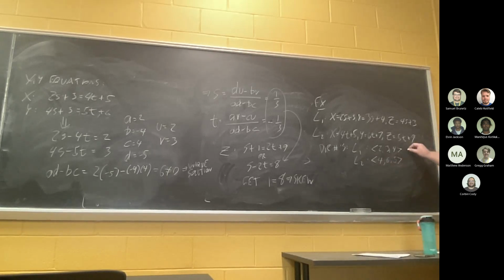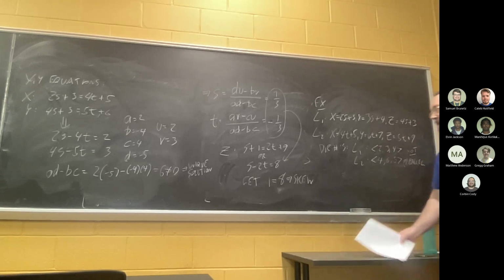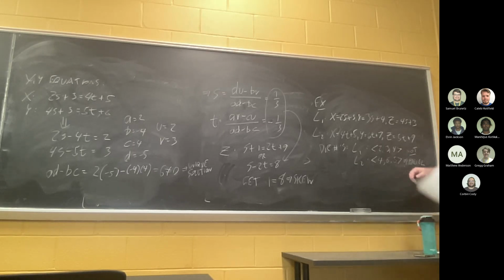So these two vectors are not parallel, so the lines are not parallel. But what would happen if I chose the x and y equations to try to find an intersection? We would get that situation where AD minus BC is equal to 0, because if I focus just on these, the ratios are the same.